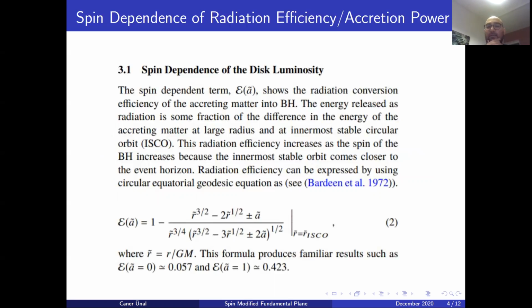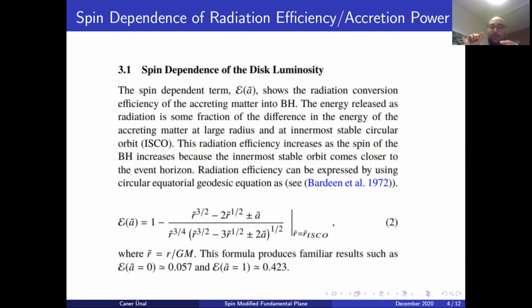Since the fundamental plane has 2 legs, one the accretion power and the other the jet power, we started with the spin dependence of the disk luminosity or accretion power. Typically, the radiation coming from the disk has been calculated from the energy radiated down to the innermost stable circular orbit.